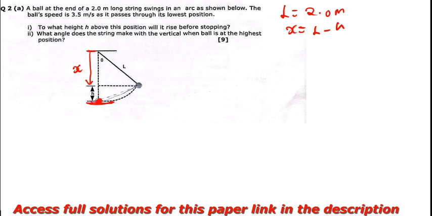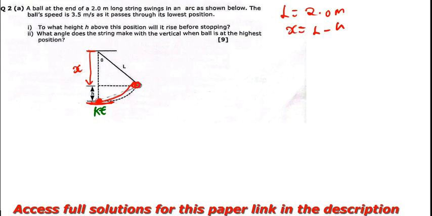Then when it reaches there, it came to a stop, and that's where we have got the height. Meaning that at this point here, we have kinetic energy. We don't have potential energy at that point because the height is 0 at this point.